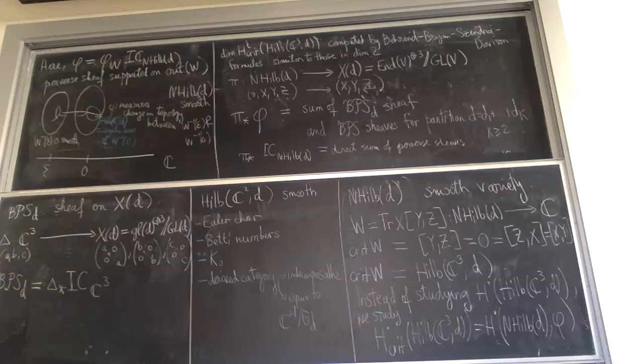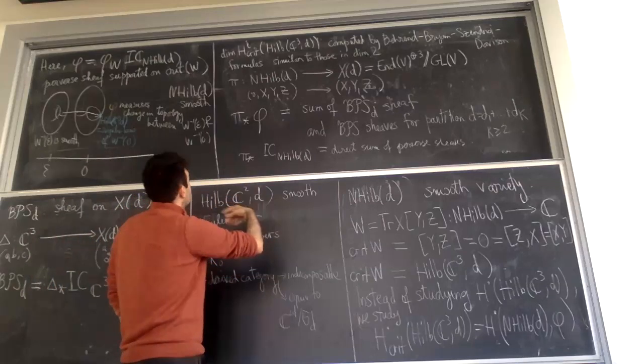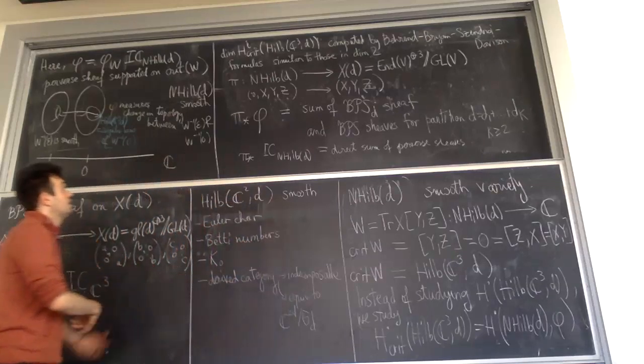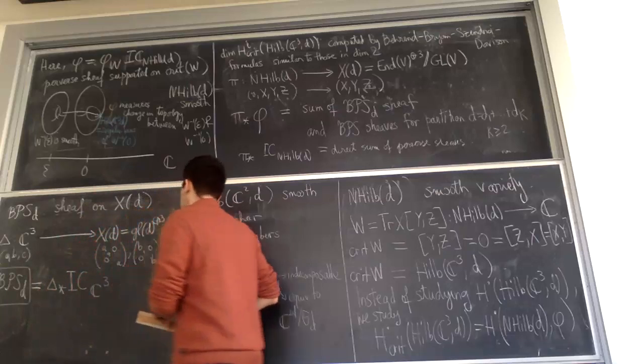Okay. So what is happening here is that one decomposes this critical cohomology, this new cohomology for the Hilbert scheme of points on C3, in copies of these BPS sheaves that have to do with eigenvalues of these three matrices.